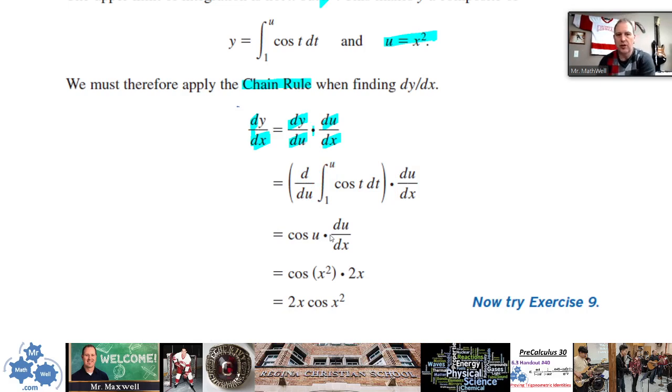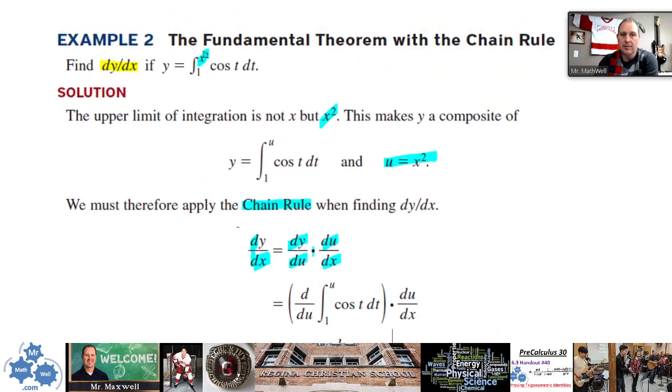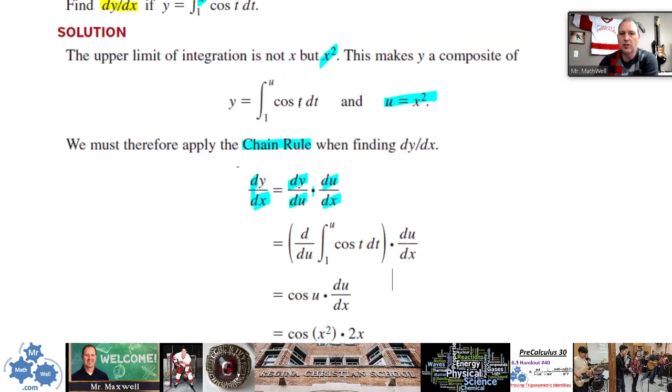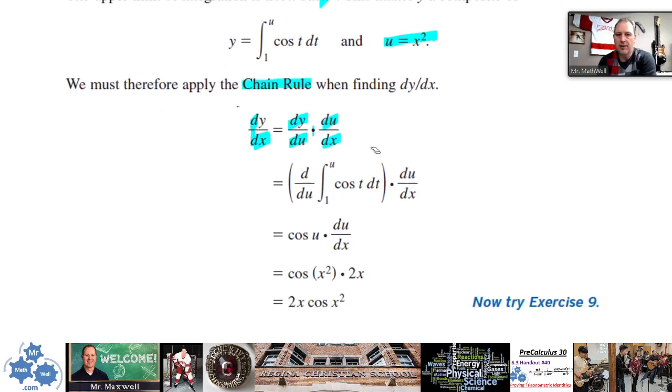Okay, so just to go over this part again, if we have a function that is not just x, if it's something like x squared, let's do a little bit of a u substitution. Now that we have just this u here, the derivative of the integral with respect to u is just cos of u. We get this back.